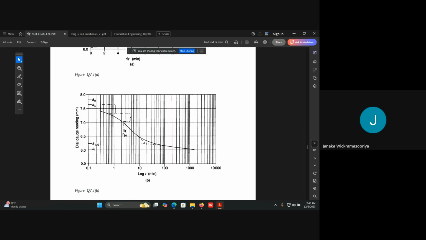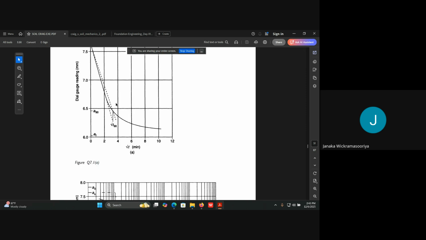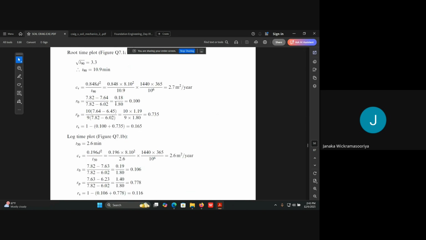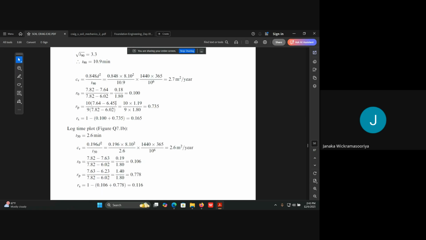So from this one you can take T50, 50% of the settlement. That will be somewhere here. From the log time plot, you will get T50 as 2.6.